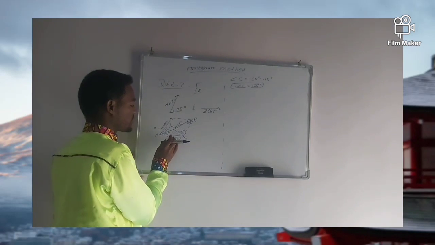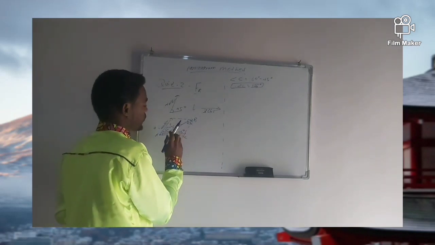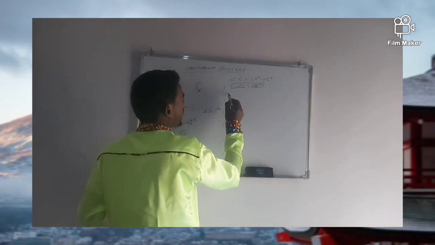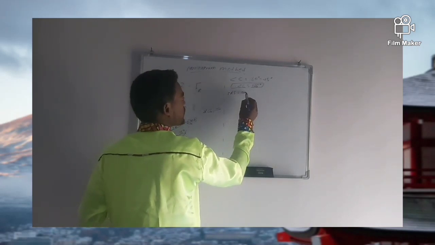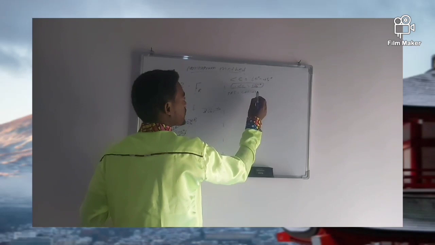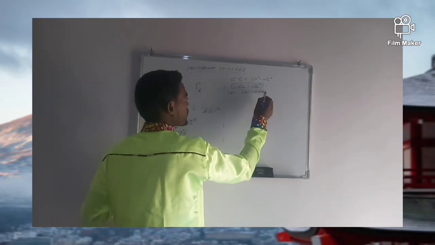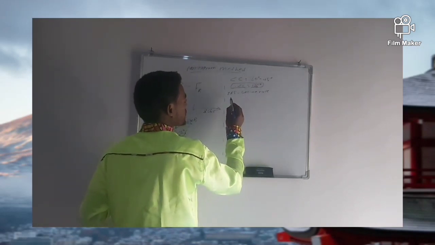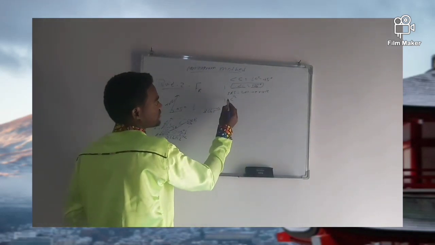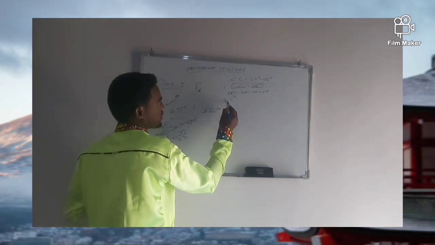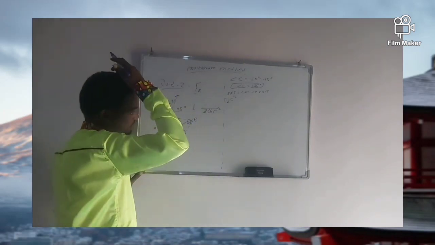Now, how can we find this resultant force? Let us consider the side-angle-side cosine rule. The cosine rule says c square, this c square, or this is F resultant, that means resultant force.